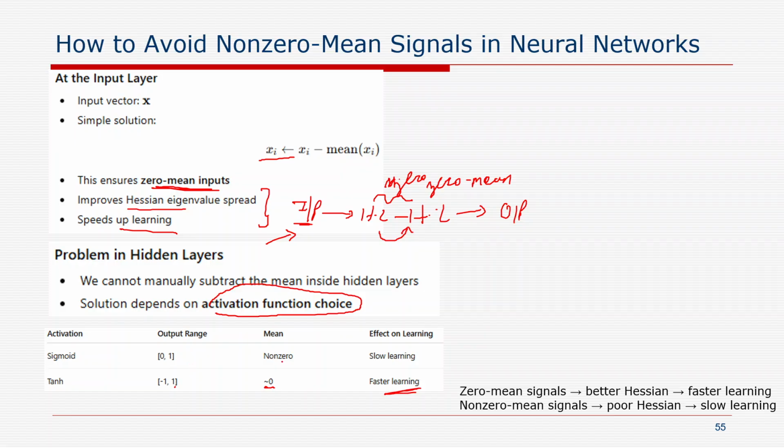But if it is a sigmoid, the mean once again becomes non-zero and slow learning will happen. The takeaway is: zero mean signals, better Hessian, faster learning. Non-zero mean signals, poor Hessian and slow learning.